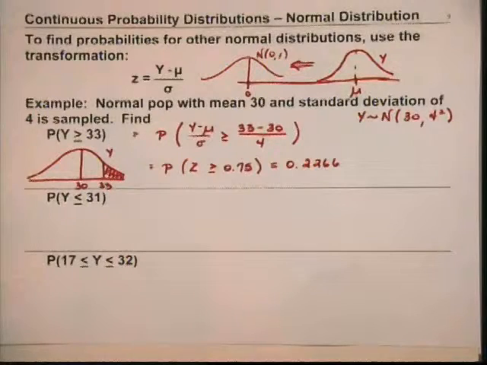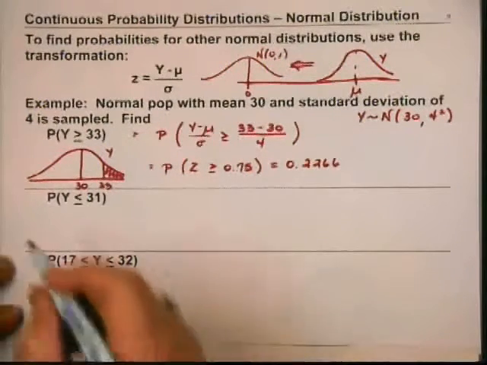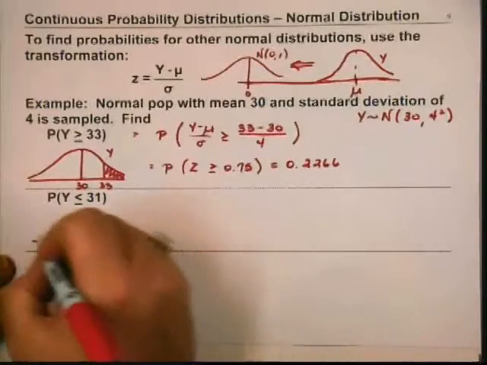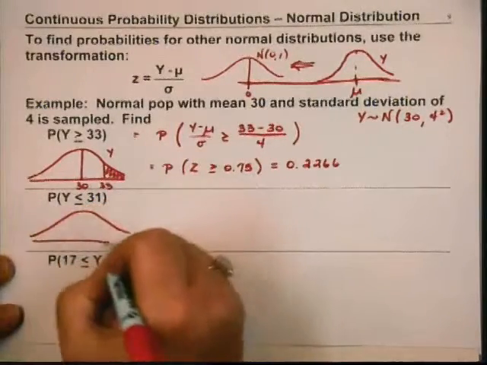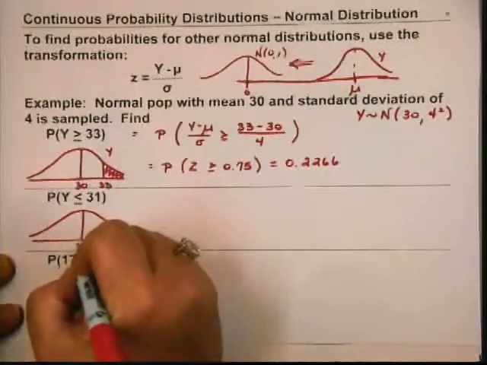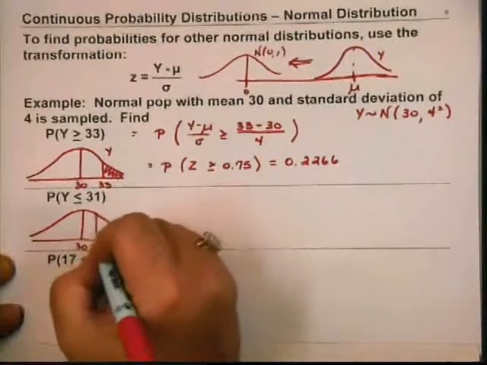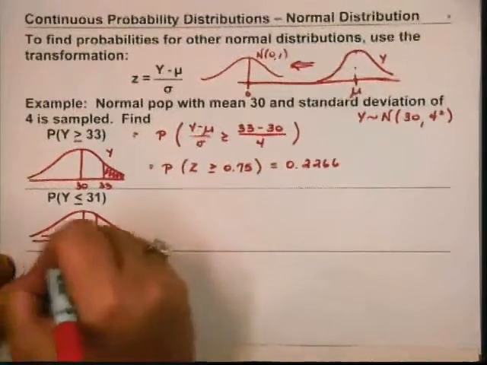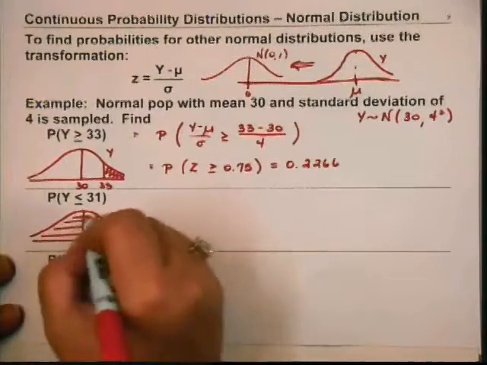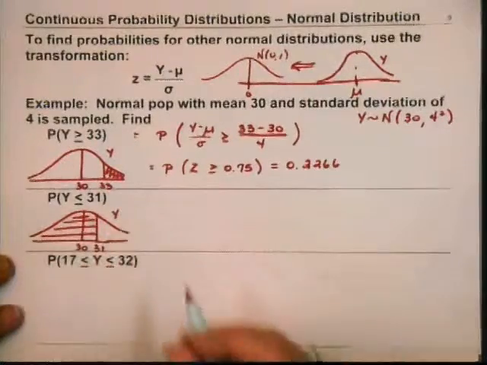What's the probability that y is less than or equal to 31? Mark the mean of 30. 31 is here, and we're looking for left area associated with y.